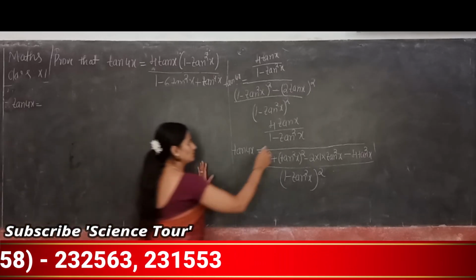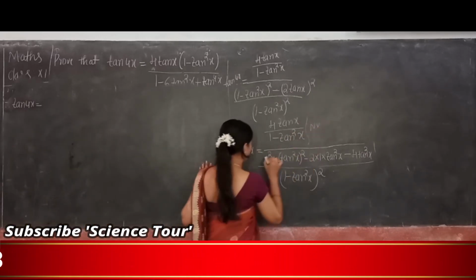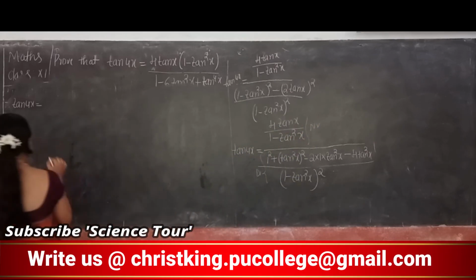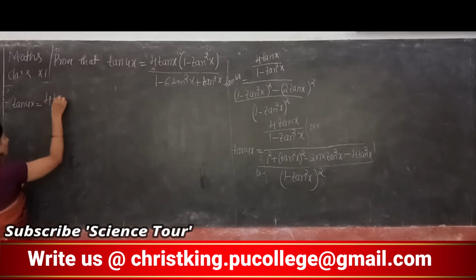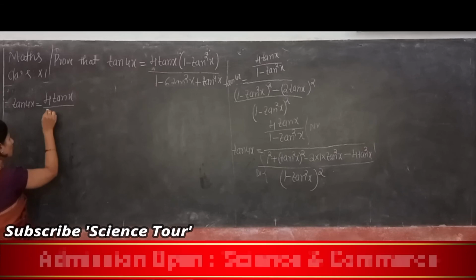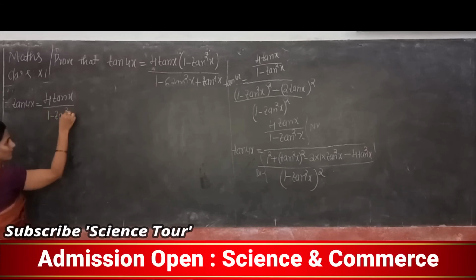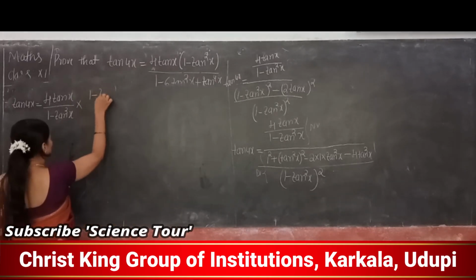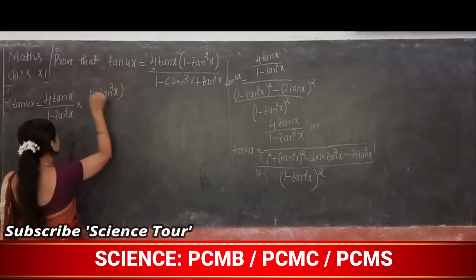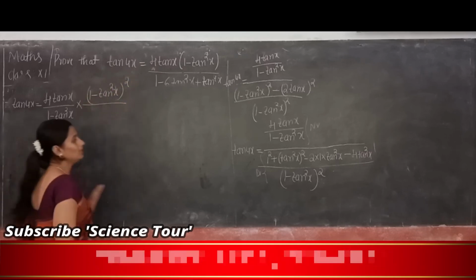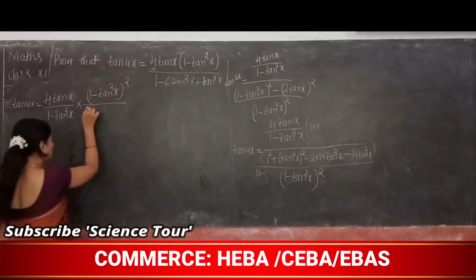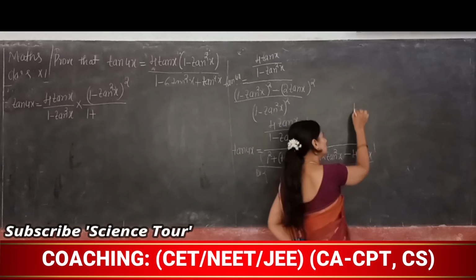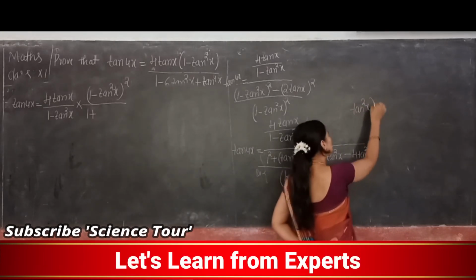See here, this is your numerator part, right? And this part is the denominator. So I will bring the denominator to the numerator part. So that is equal to 4 into tan x divided by 1 minus tan square x, correct, no? Into the denominator to the numerator, it is (1 minus tan square x) whole square divided by this one. 1 square is 1, plus (tan square x) whole square.